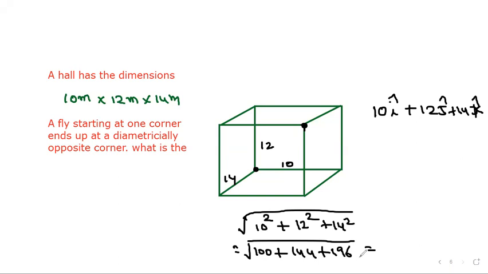Root 440 is the answer. So root 440 will be nearly 21 only, correct? 0.96, so nearly it will be 21. 21 is the correct answer.